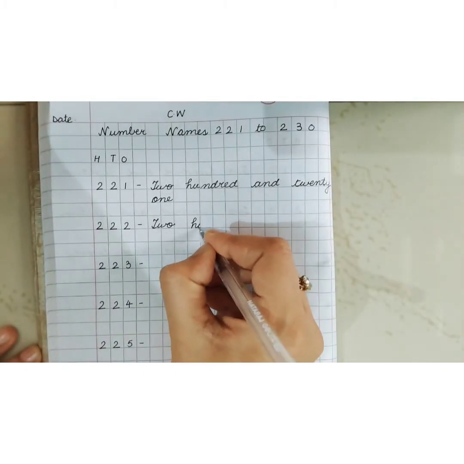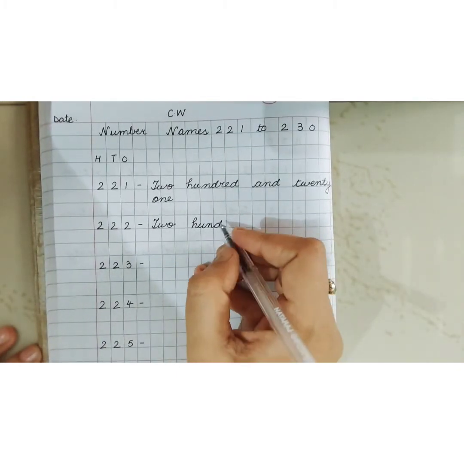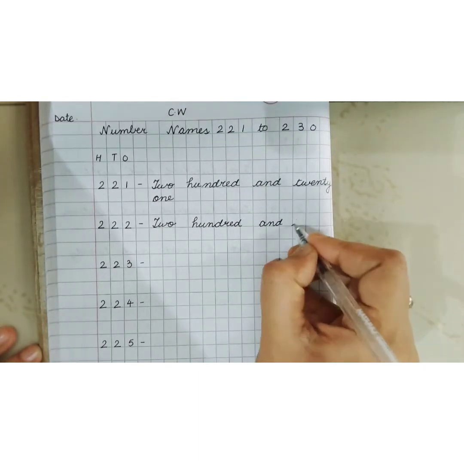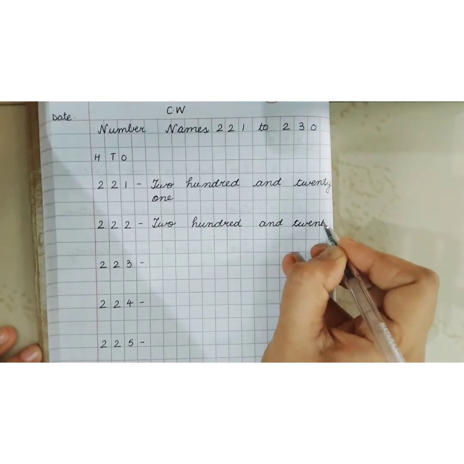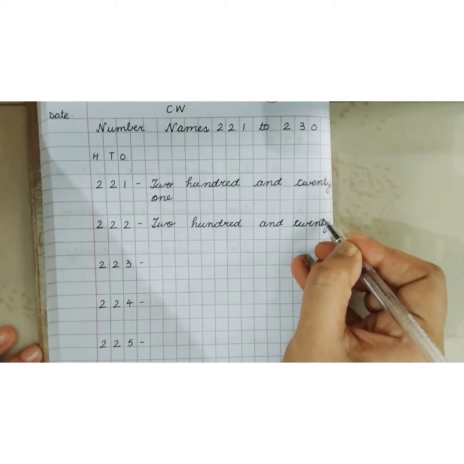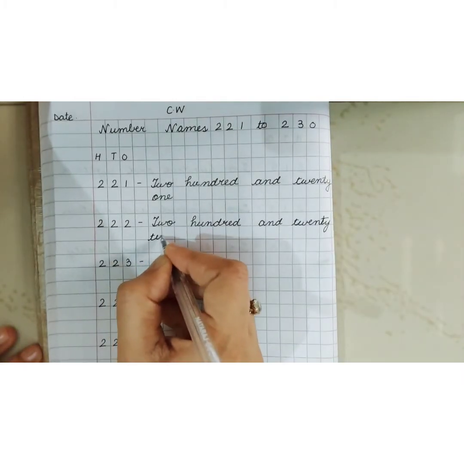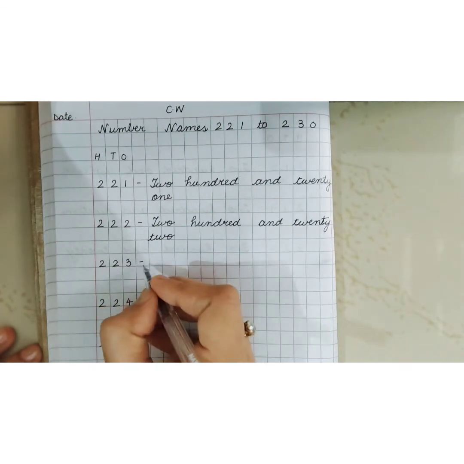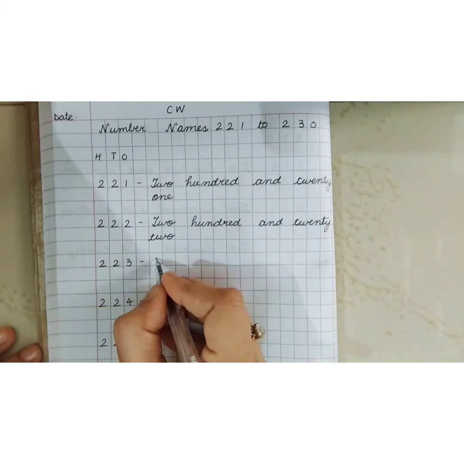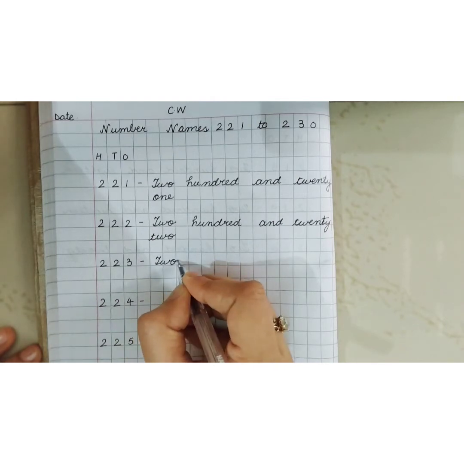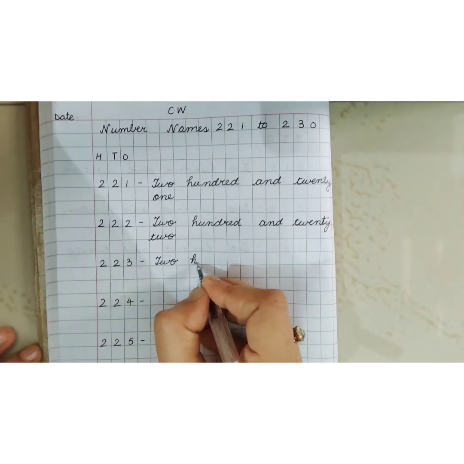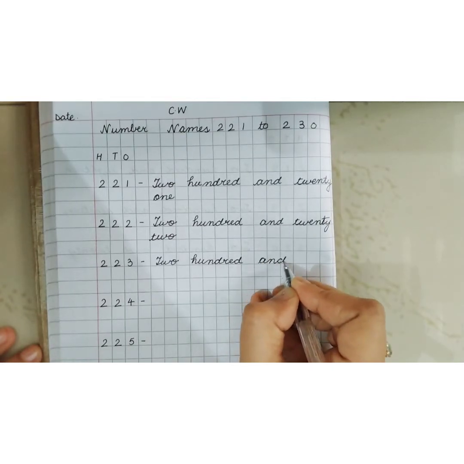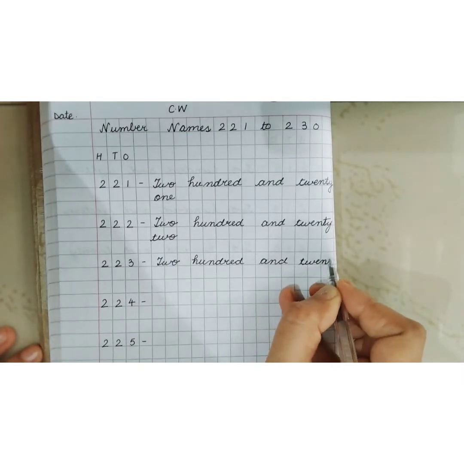Now here also I have left only 2 blocks in between the numbers. If your writing is bigger, then you can leave 3 blocks also. Now after 222 we will write 223. Since we have already done the spelling of 20, we just have to repeat the spellings in every line.